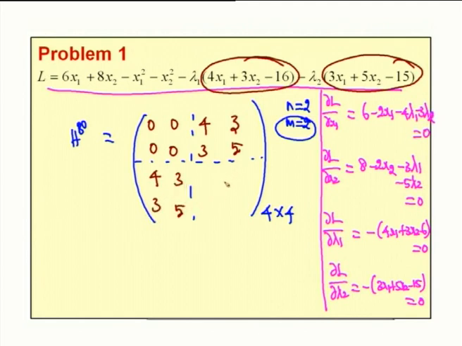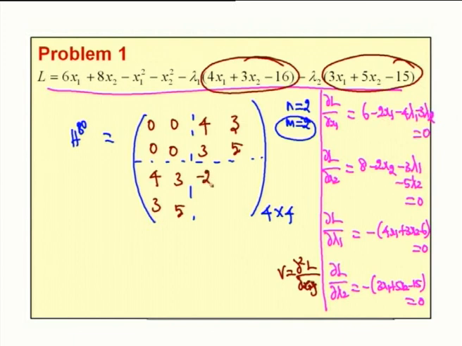Now, this block is matrix V. We know very well V is the second order partial derivative of L with respect to the decision variables xi and xj. Here ∂L/∂x1 is there. By differentiating this once again, ∂²L/∂x1² is minus 2.